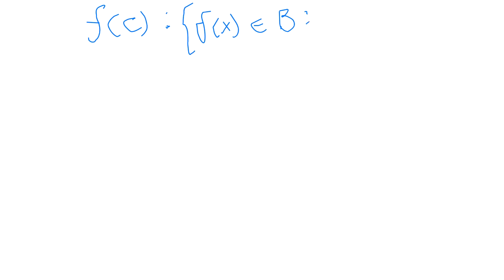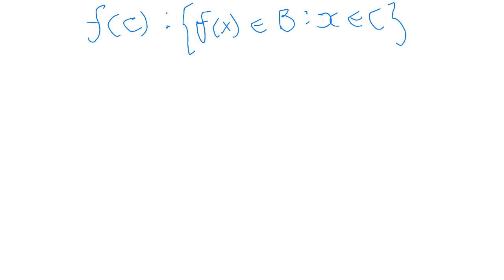The image or direct image of C is defined as f of C such that f of x is in B, and of course x is in C. All right, so I'm reading it again.